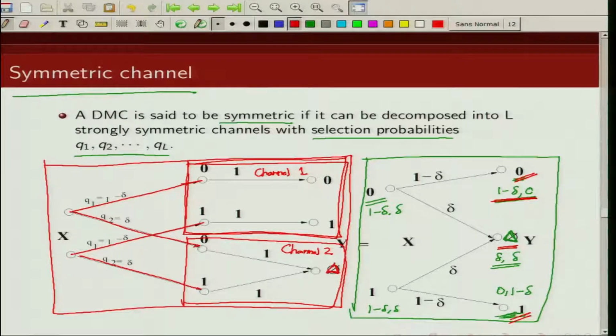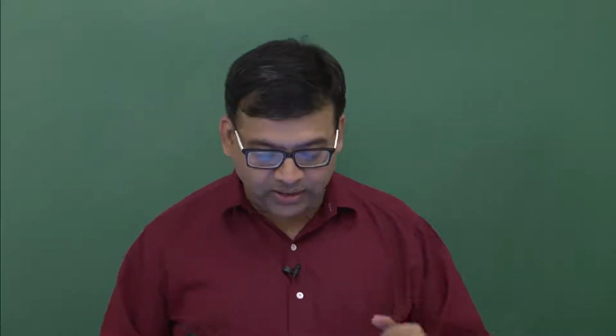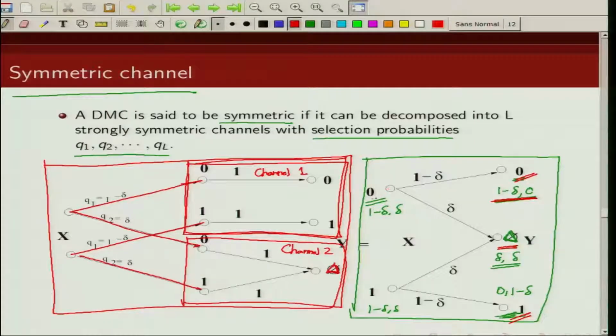Now note that these two channels are exactly equivalent. Why? Look at the transition probability from this input to this output. This is 1 minus delta, that is 1 minus delta into 1. Now look at the transition probability from 0 to this particular output, that is delta, so this is delta into 1.